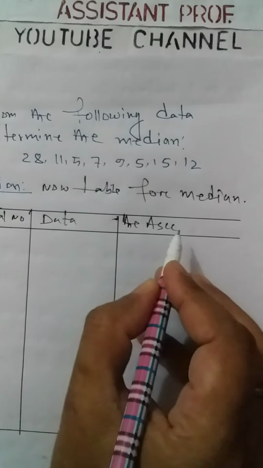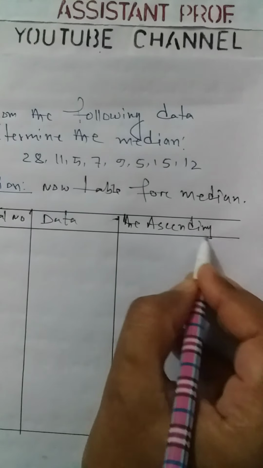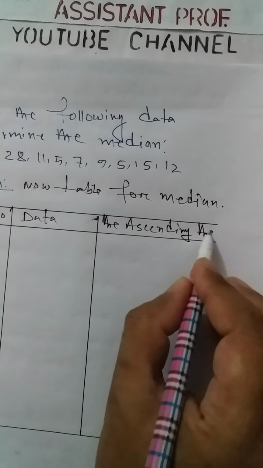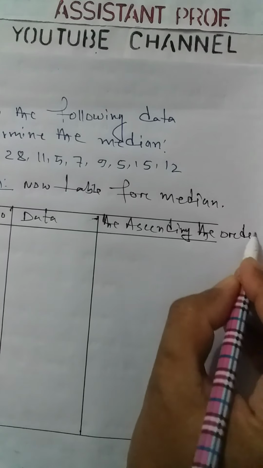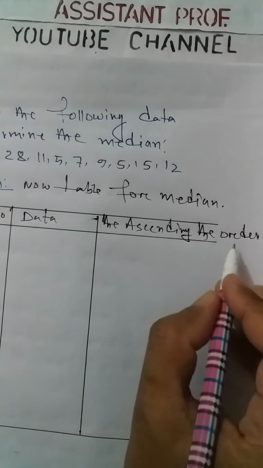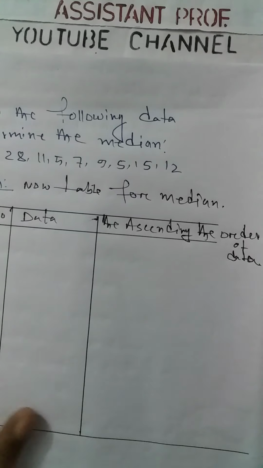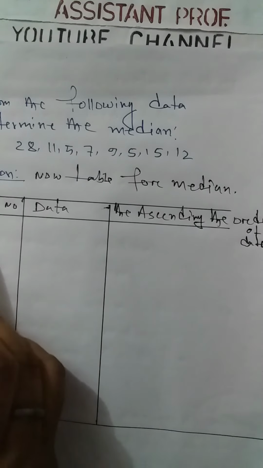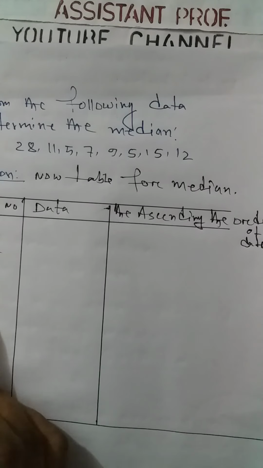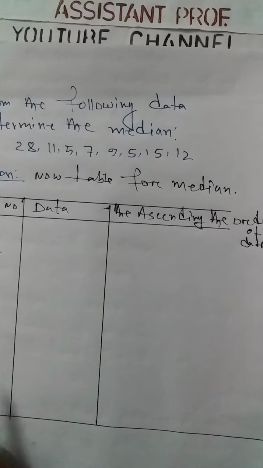The other column is data or observation. And the third column is the ascending order of data. Now 1, 2, 3, 4, 5, 6, 7, 8.